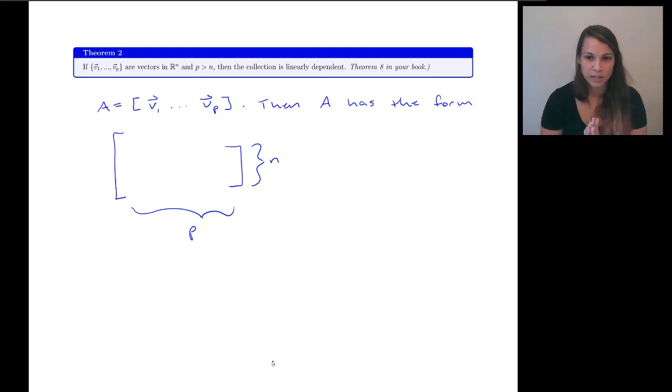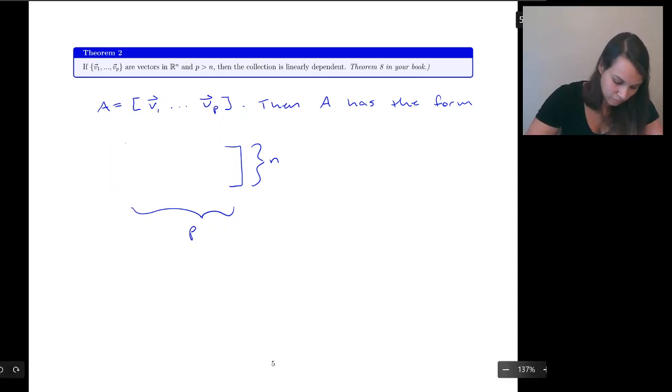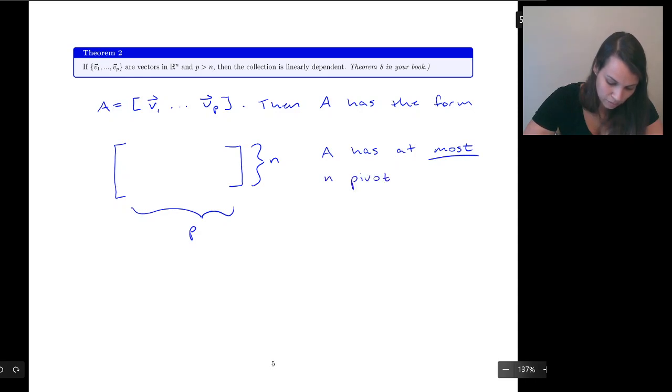After Gaussian elimination, A will have at most n pivot points.